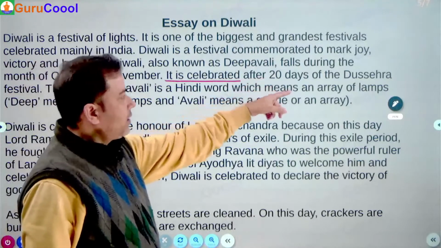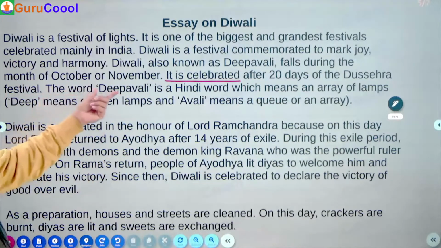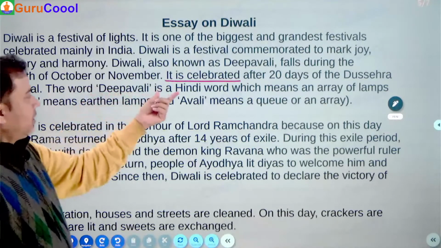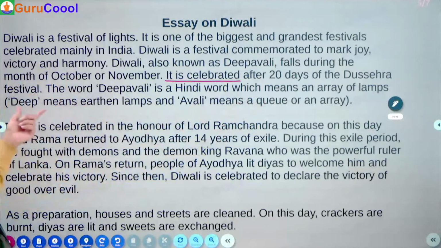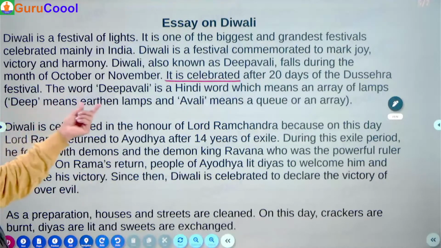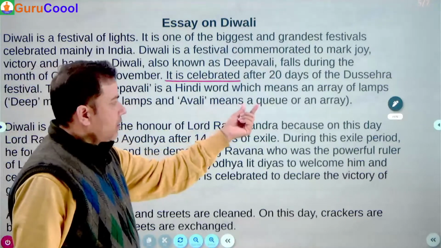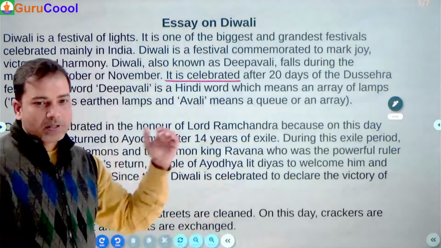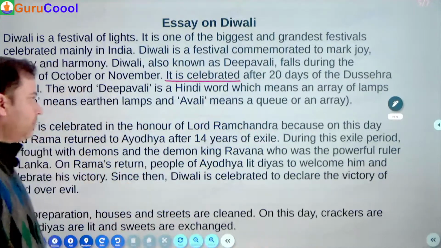After 20 days of the Dussehra festival, the word Deepavali is a Hindi word which means an array of lamps. Deep means earthen lamps and Avali means a queue or an array. Queue means lining, array means arrangement in a row or in a column.